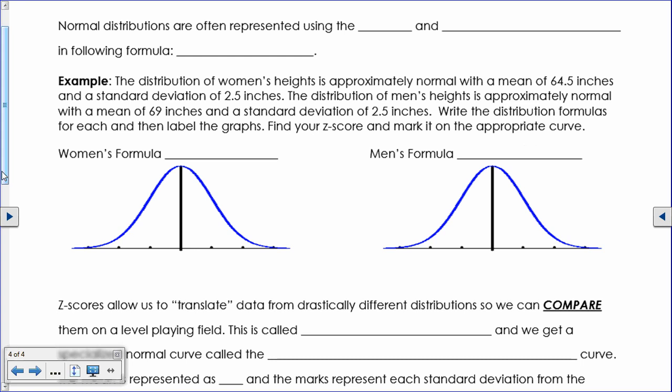So normal distributions are often represented using the mean and standard deviation in the following formula. So not only can they write it in a bell curve, they also write it in notation. It looks like this. I'll write it and then explain it.